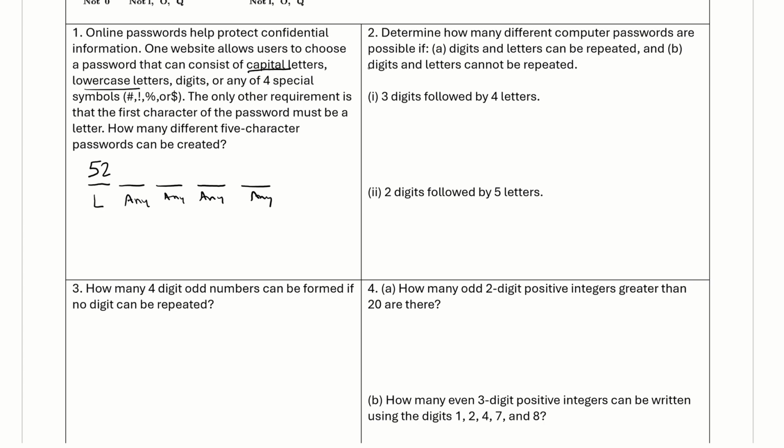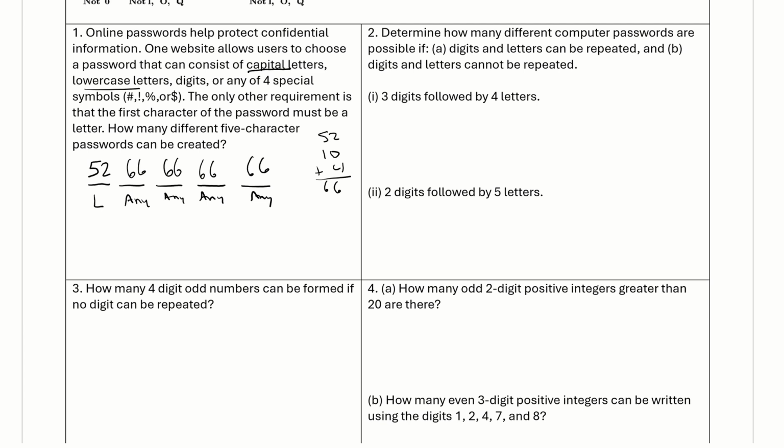And then for the second character, I can use any of these or digits or 4 special symbols. So that means I got 52 letters, 10 digits from 0 to 9, and 4 special characters, so that's a total of 66 characters. I have 66 options for that. Since it doesn't say anything about not being able to repeat, even if I chose one of these, I still got 66 options left.